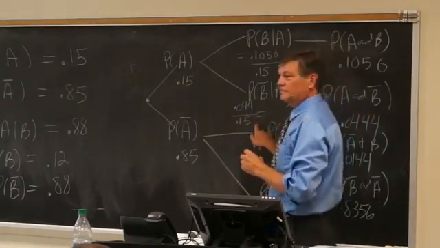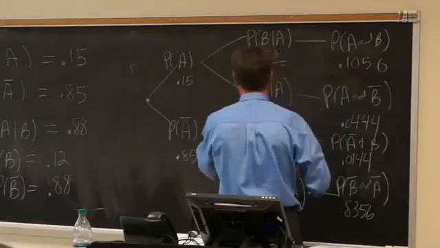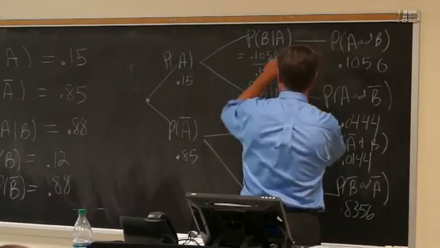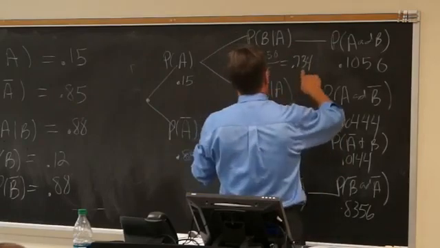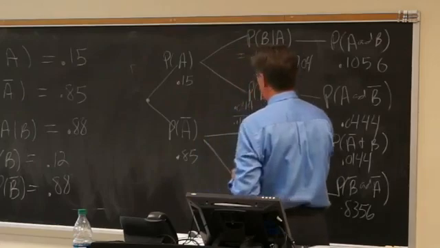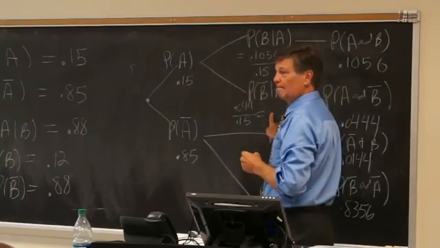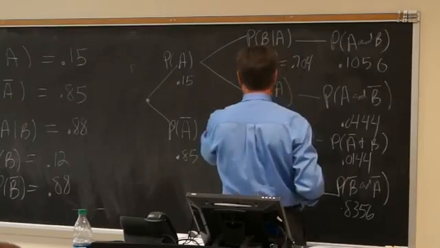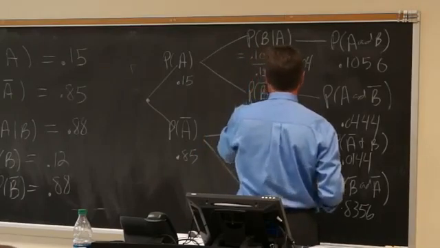Dylan, do you have that? 0.704. Okay. And this marginal probability? 0.2932, something like that.